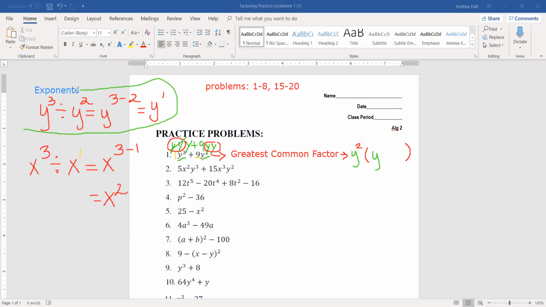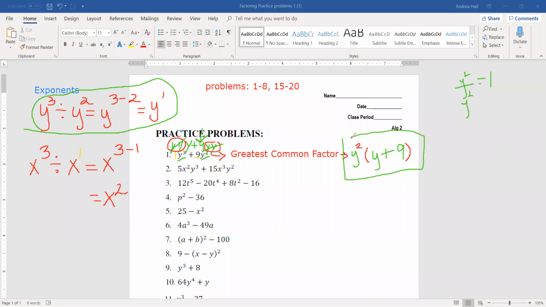Plus, y squared divided by y squared is 1, kind of like 4 divided by 4. So we're left with 1 times the 9, because we didn't do anything with the 9, and that would be 9. That is our answer for number 1, greatest common factor.